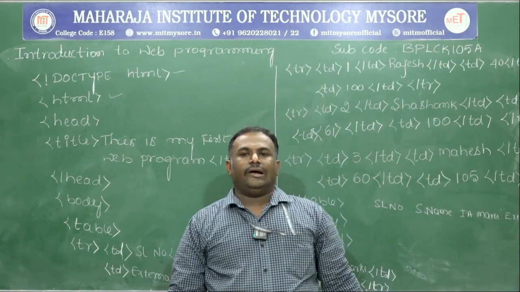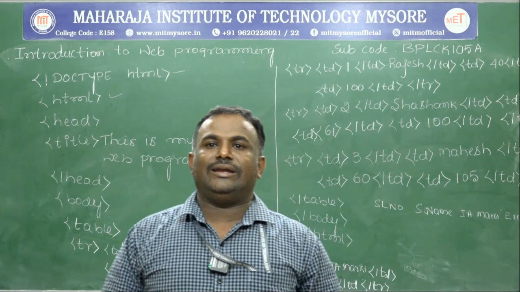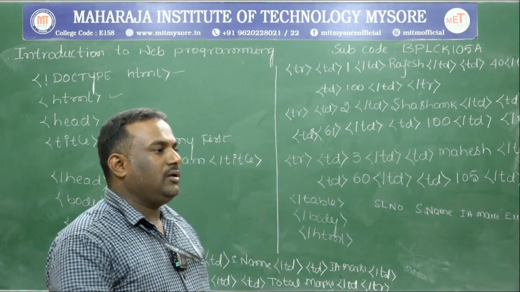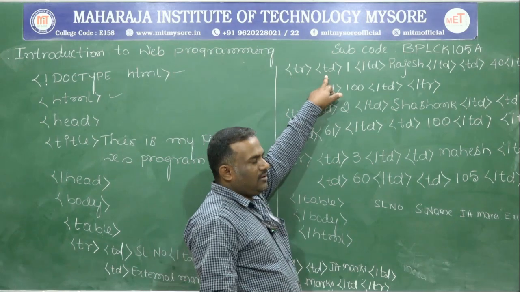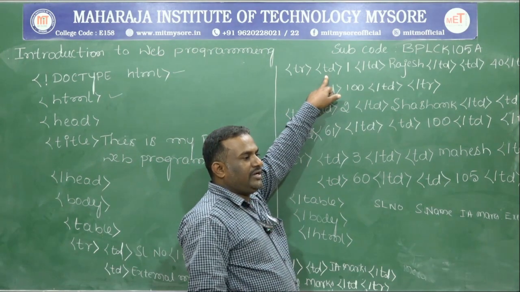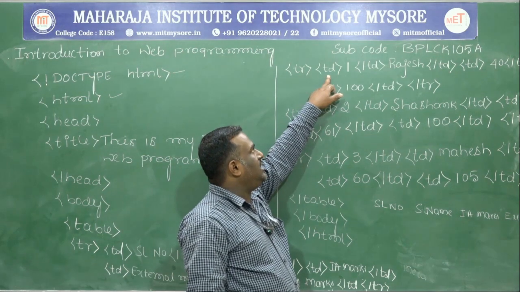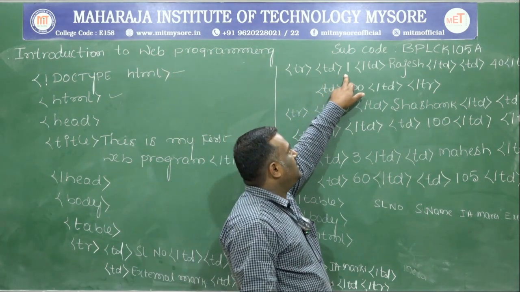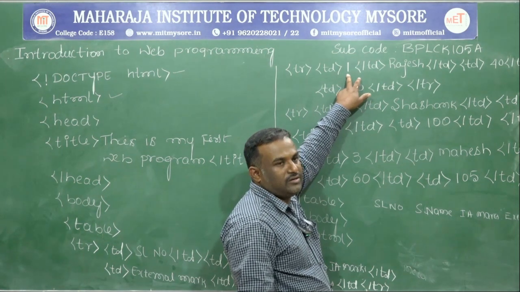Next, I need to enter the 3 candidates data into the table by using the TR, and then now I need to enter the serial number 1, that is done by using the TD. Inside the TD and ending TD, I write 1.